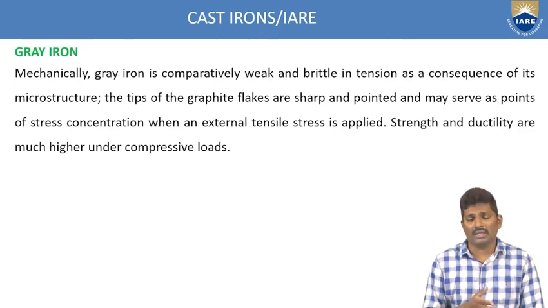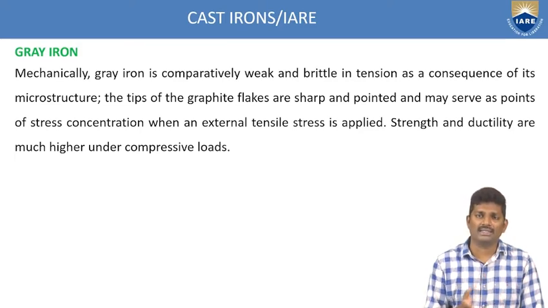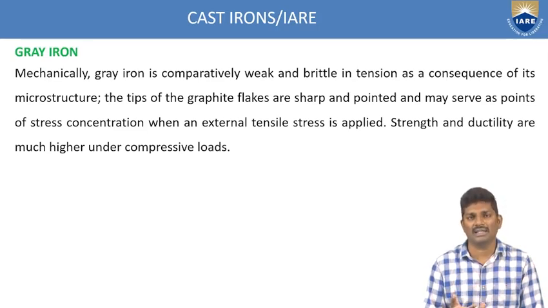And of course, when you apply a compressive load on this gray cast iron, what is happening? Strength and ductility are very high. So for the same material, if you apply two different types of forces, under a tensile force it is brittle, and when you apply a compressive force, it has a much higher value of ductility as well as strength.